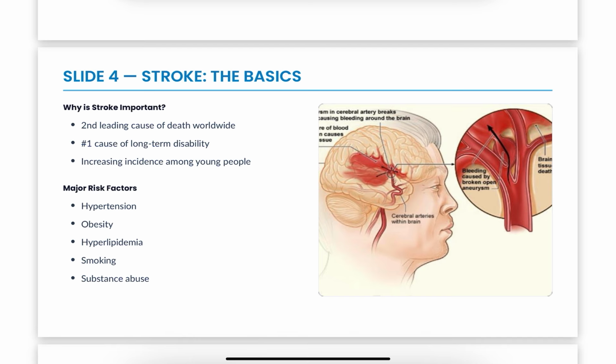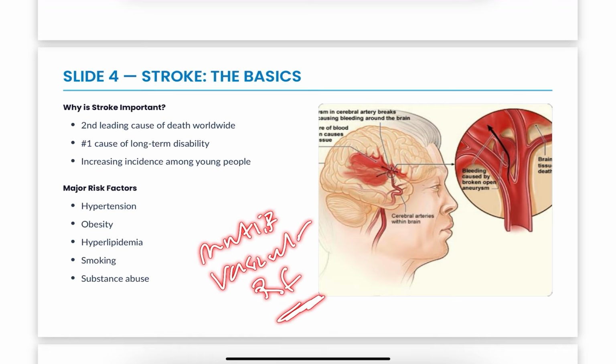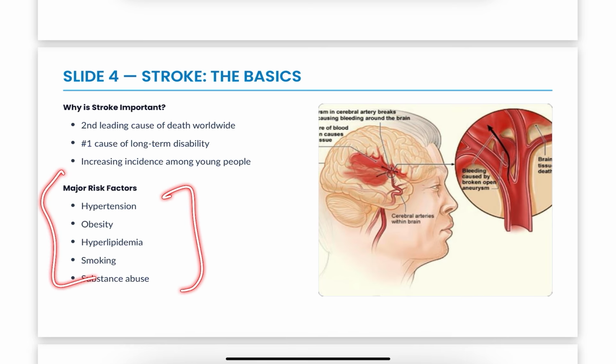We need to recognize some major risk factors written here, such as hypertension, obesity, hyperlipidemia, smoking, and substance abuse. So whenever we see a patient who has multiple vascular risk factors, these are exactly the factors that increase the risk of cerebrovascular disease.